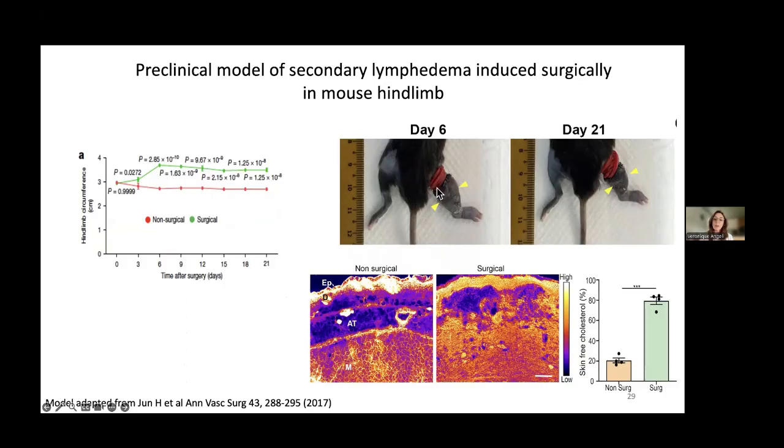This is induced by resecting the lymphatics in the mouse hind limb, and you can see that this induces swelling of the hind limb. And of course, we further confirmed that in this model, we also see this cholesterol accumulation as observed in human lymphedema, and this is the quantification.